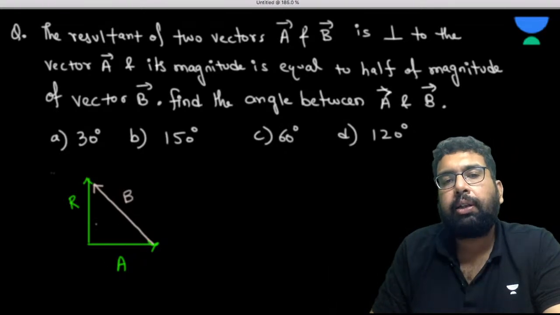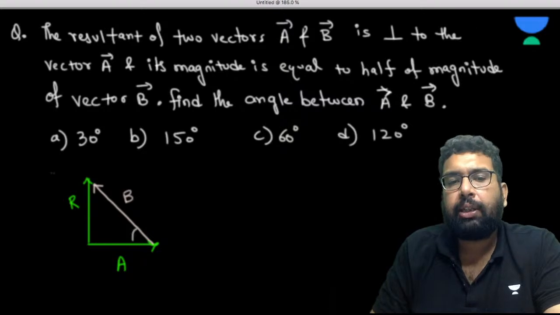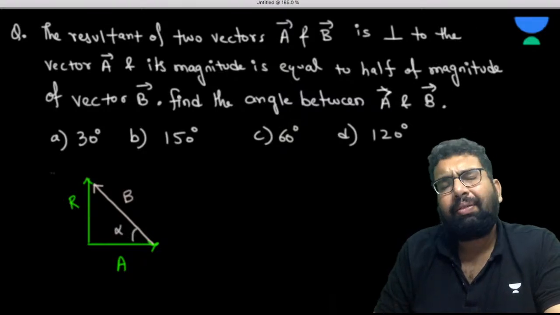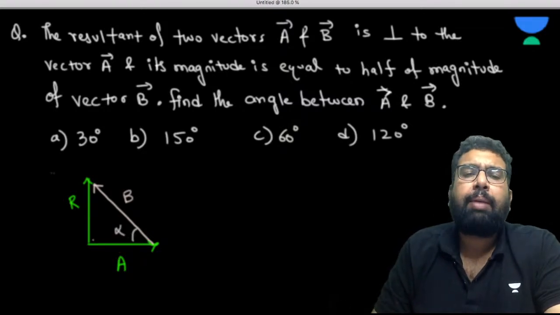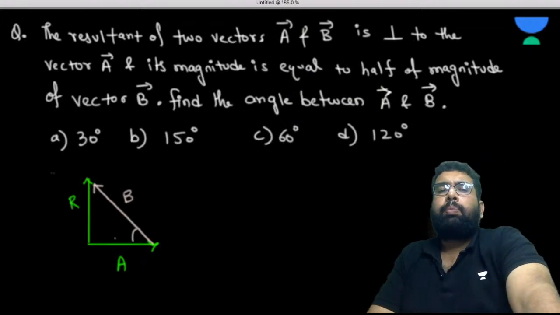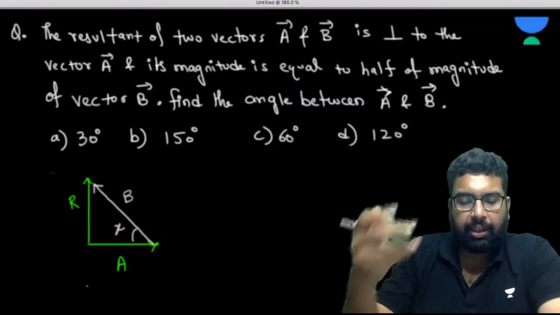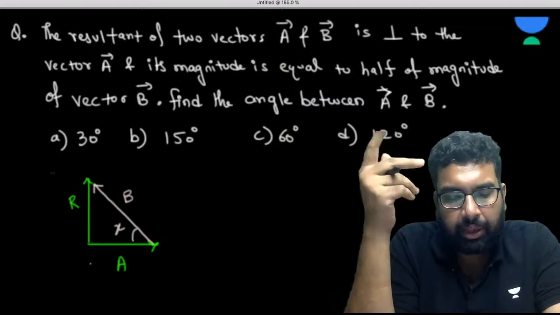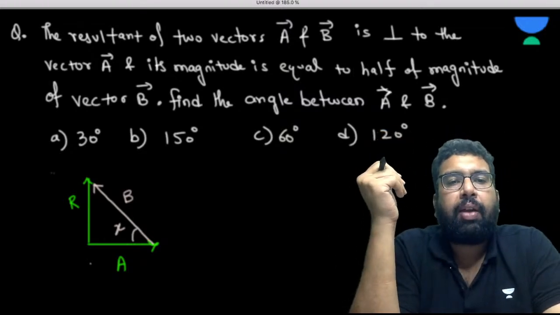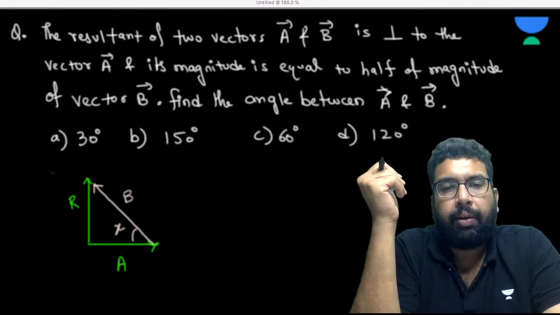Now this is R, this is A. Now we need to find the angle between A and B. Let's suppose this is alpha. No, let me assume it as X, because when I say alpha, you may confuse it with that alpha we have got there, right?